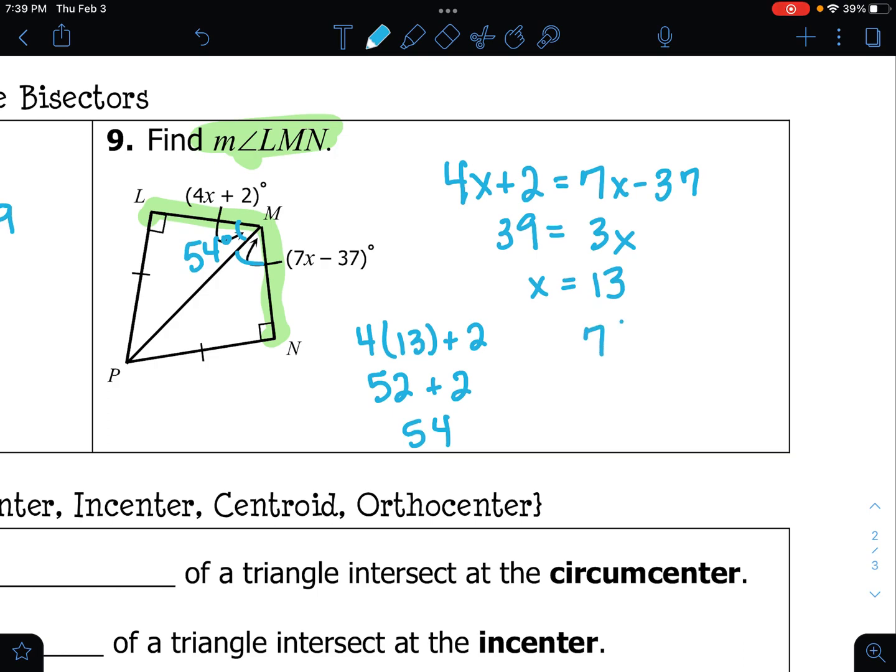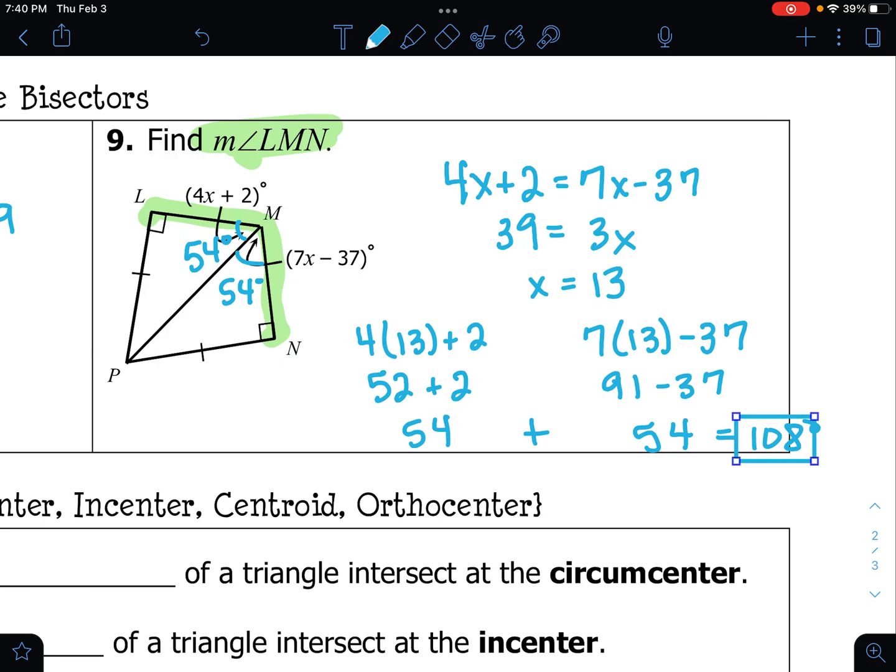And then we're going to plug it into this one. Looking good. All right, and then we're going to add those two together, and that will be 108 degrees.